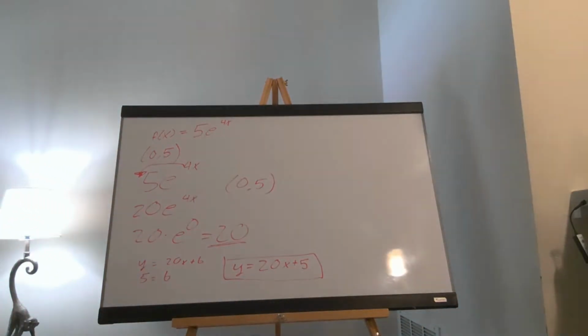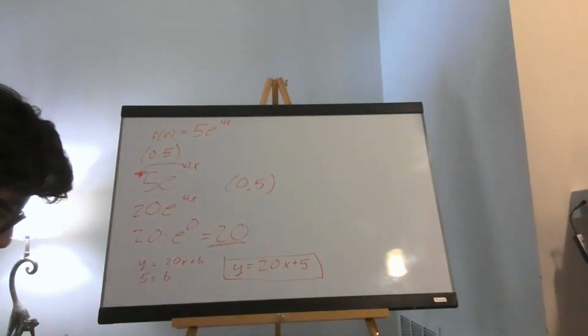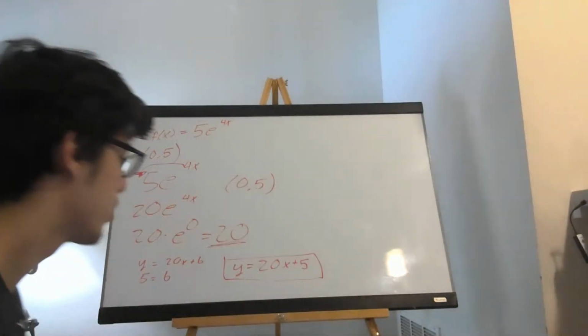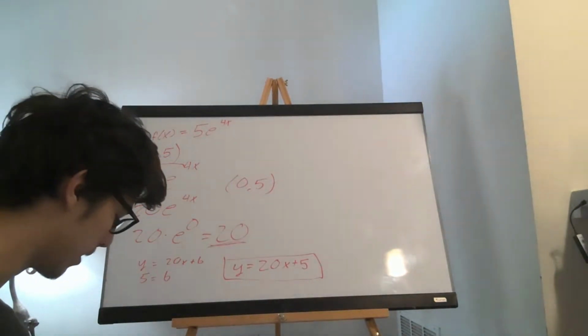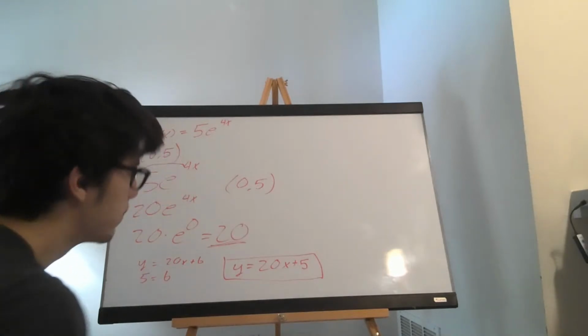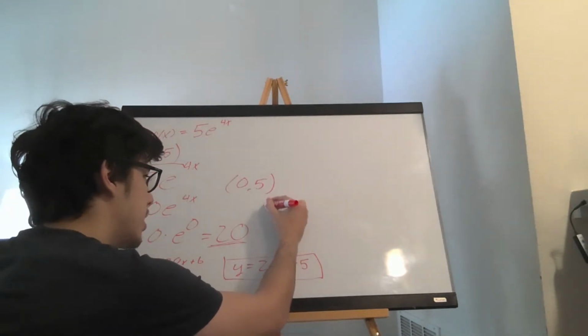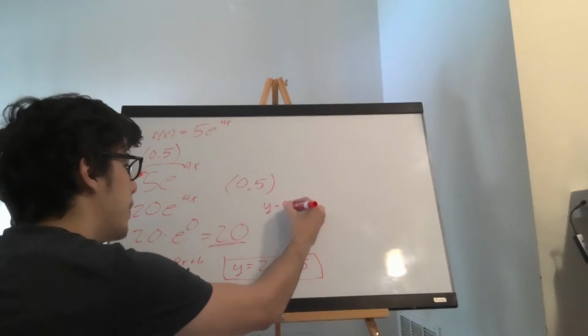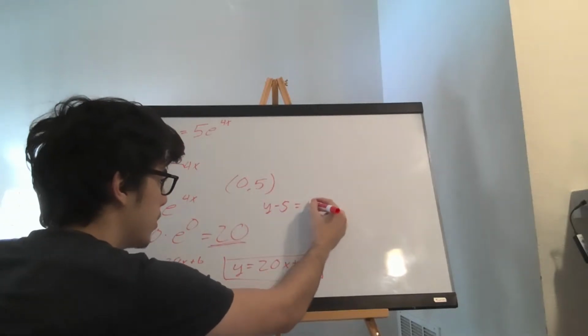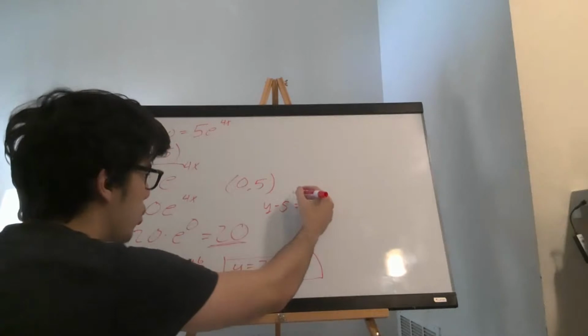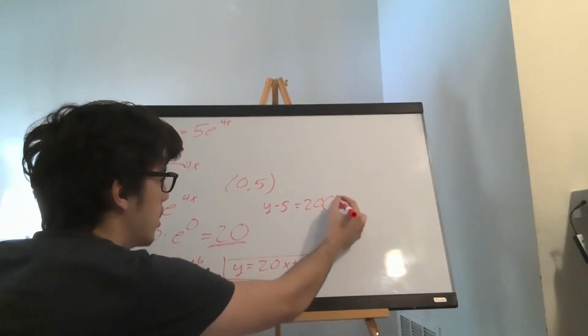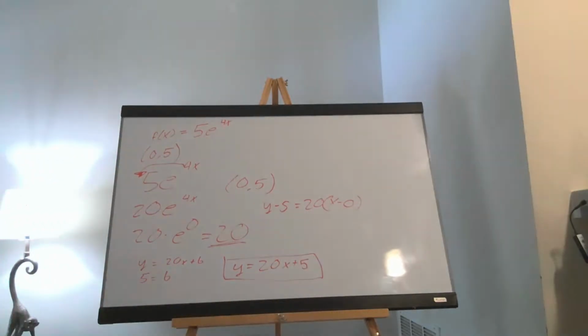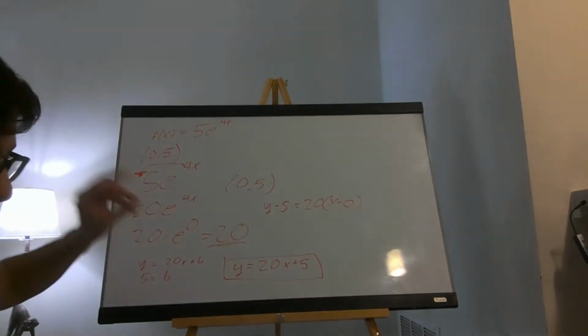Now, the other way you may have been taught to do it, which is probably faster but a little more difficult to understand conceptually, is y minus 5 equals 20, which is our slope, times x minus 0. As you can tell, these are the same thing.